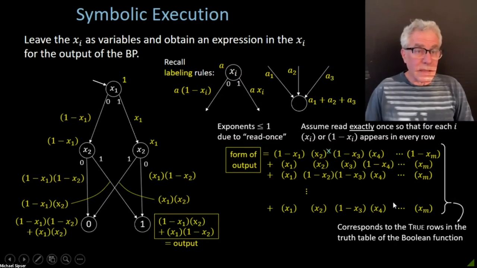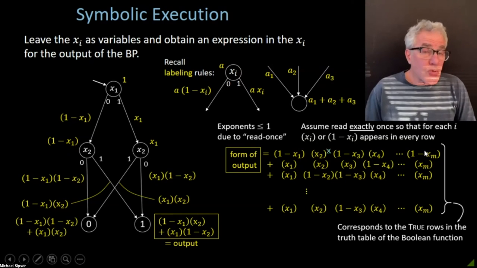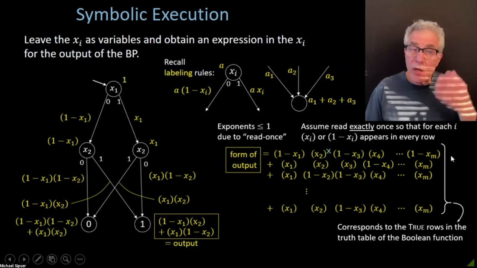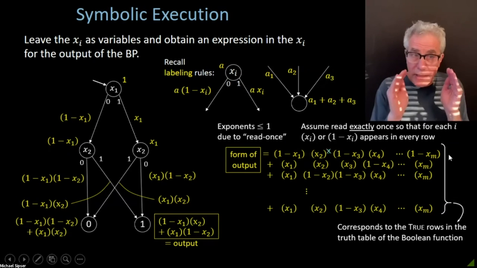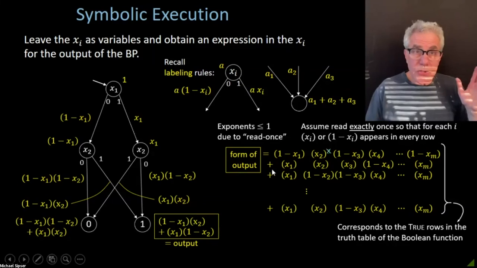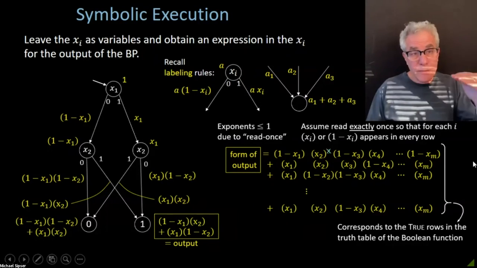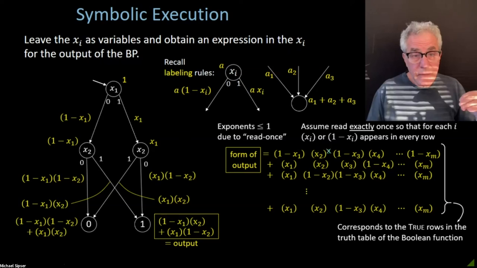It's important to understand the form of this polynomial here, that it corresponds to the truth table of the Boolean function. Thinking Boolean now, each one of these rows is only going to be one on an assignment which makes the function one.